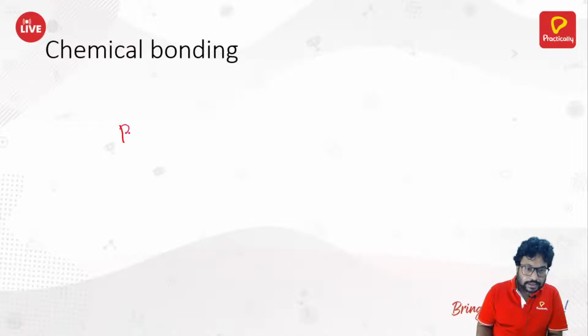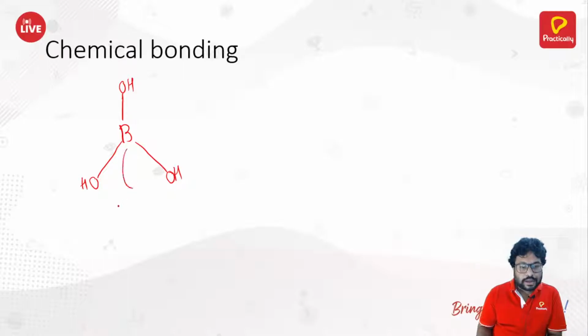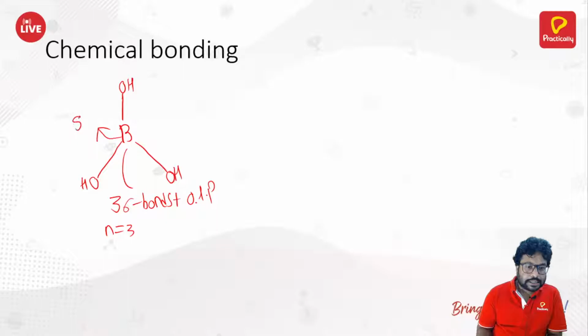So H3BO3, this is our OH, OH and OH. So you can look here, see your boron has formed 3 sigma bonds and 0 lone pair. So that means your N has to be 3. So hybridization has to be sp2, right? Hybridization has to be sp2.